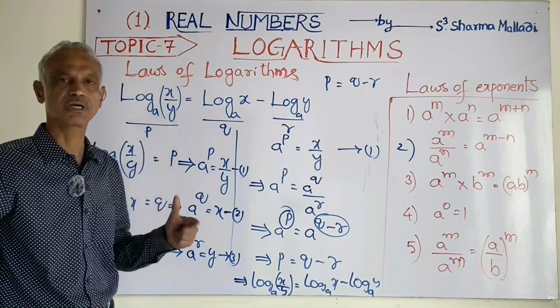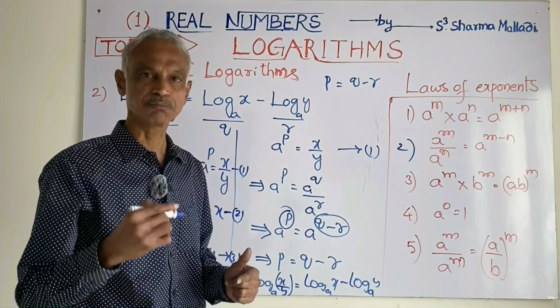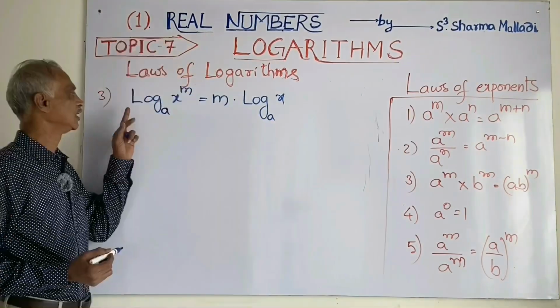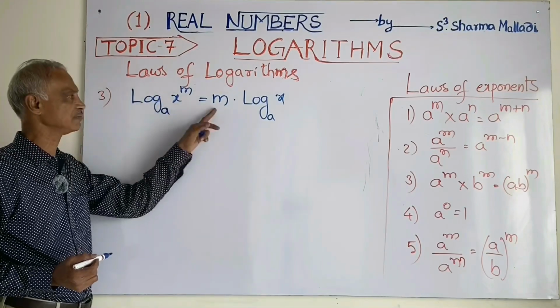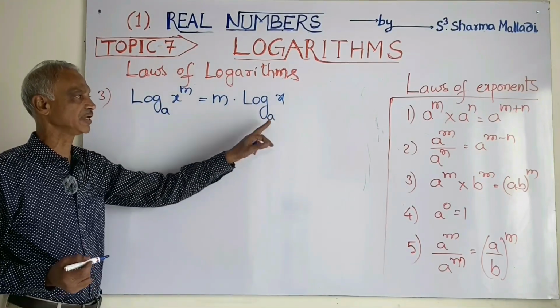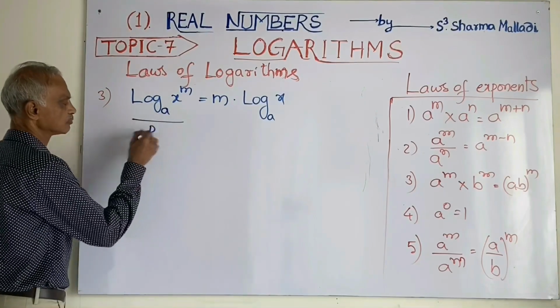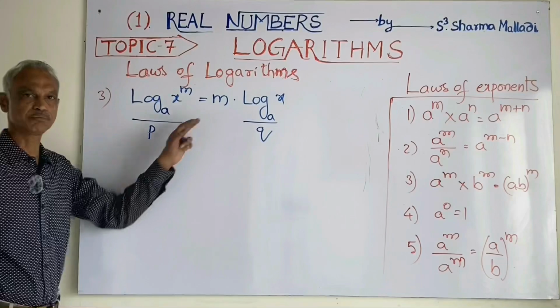You should remember log xy is equal to log x plus log y, and log x by y can be written as log x minus log y. Log x to the power of m to the base A can be written as m into log x to the base A. See, we have to show this. You take this is P and this is Q. Don't take this, keep as it is.